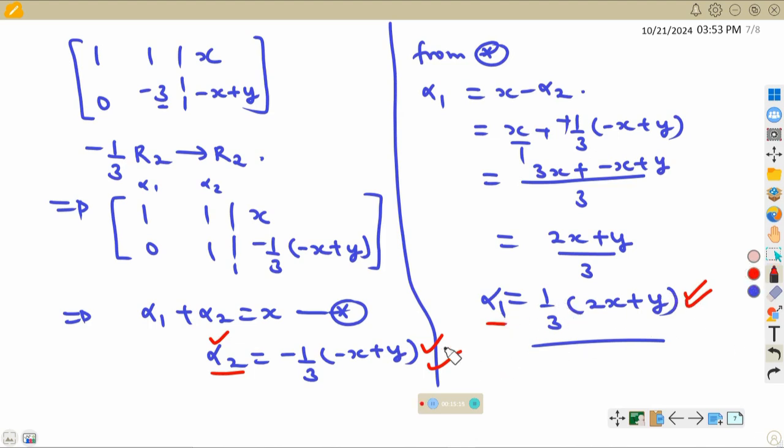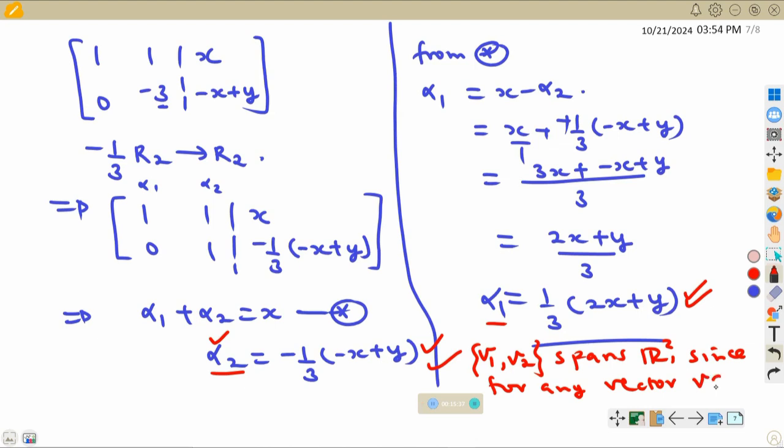So our conclusion will be that V1, V2, this set here, spans R2, since for any vector V you pick from R2, we have alpha 1 and alpha 2 such that V can be written as alpha 1 V1 plus alpha 2 V2.